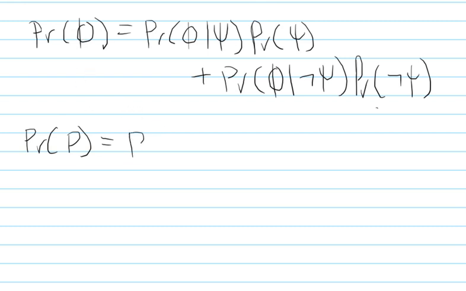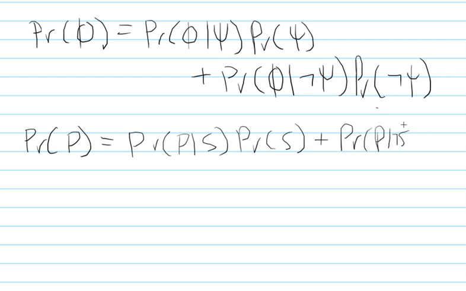So let me instantiate the law where psi is S and phi is P. The probability of P equals the probability of P given S times the probability of S, plus the probability of P given not S times the probability of not S.